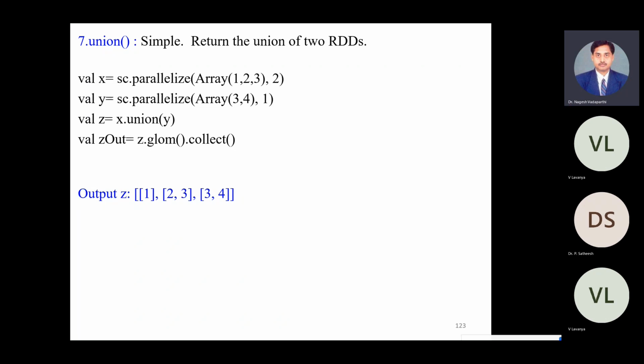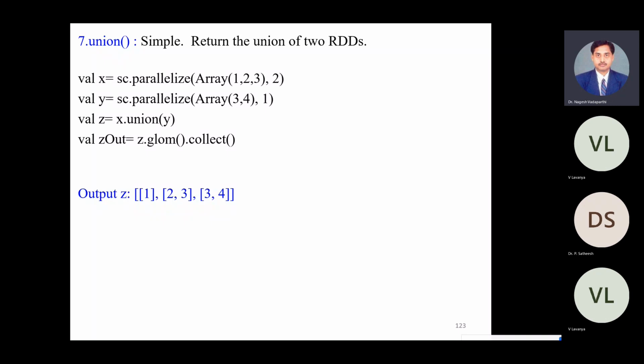I am showing how many sets I am going to divide the given input X value. So 1 comma 2 comma 3 with 2 sets, and the final output is the simple array 3 comma 4 comma 1.